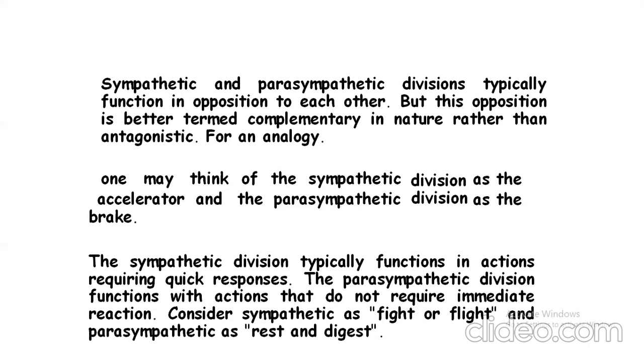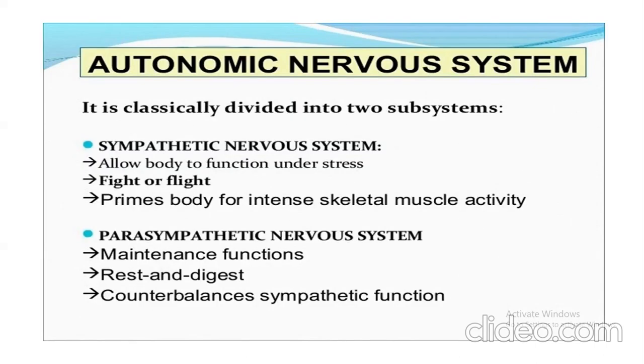For an analogy, one may think of the sympathetic division as the accelerator and the parasympathetic division as the brake. The sympathetic division typically functions in actions that require quick response, and the parasympathetic division functions with actions that do not require immediate reaction. Consider the sympathetic as fight or flight and the parasympathetic as rest and digest.